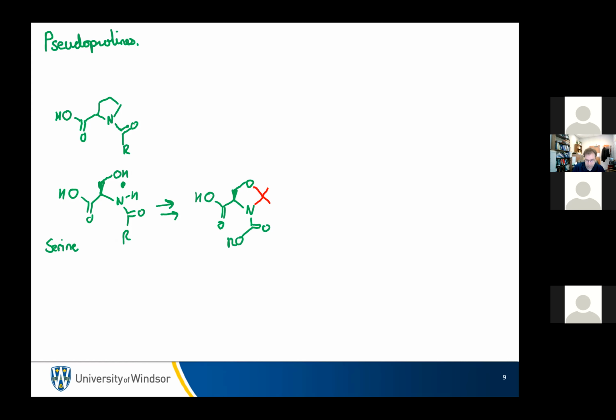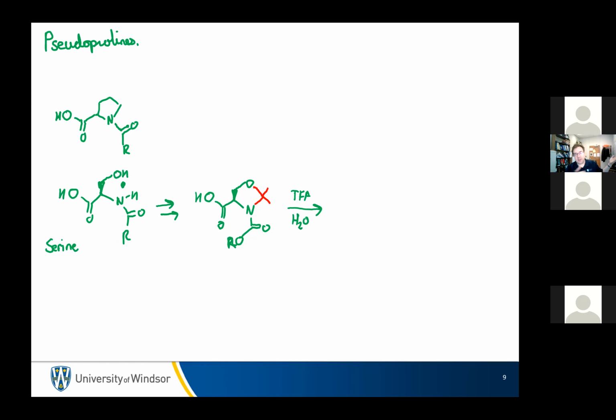So you can get these pseudoprolines from taking serine, using the nucleophile and the oxygen and nitrogen. You can then make your peptide, and then you can use an acid. You don't need a very strong acid. Again, TFA, some water. Essentially, if you go back to our sugar chemistry where we talk about cleaving acetals and isopropylidenes, same diff.